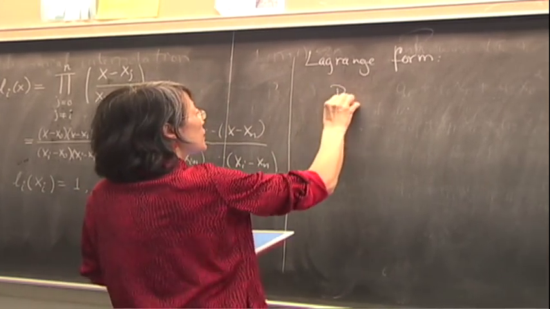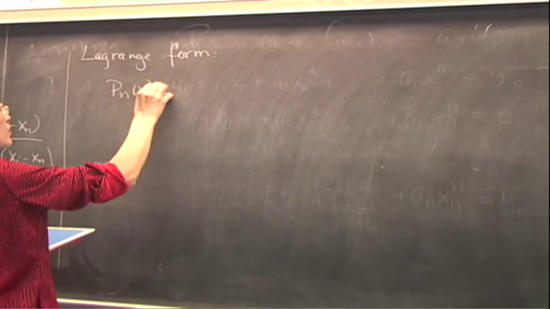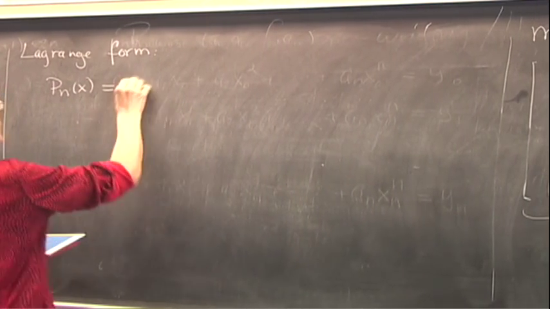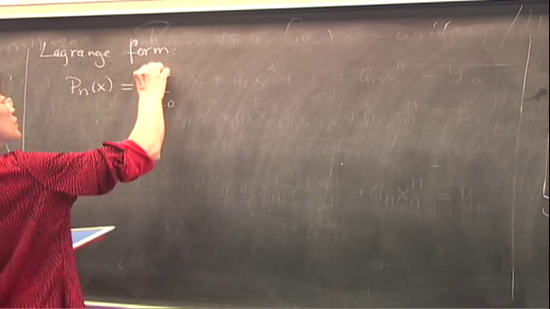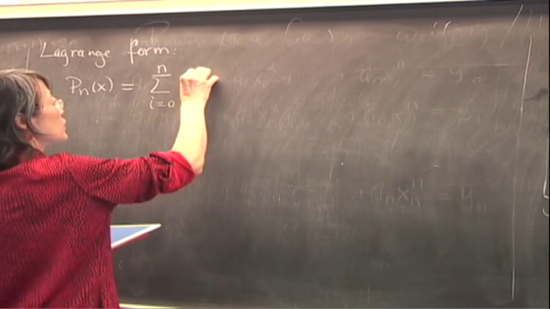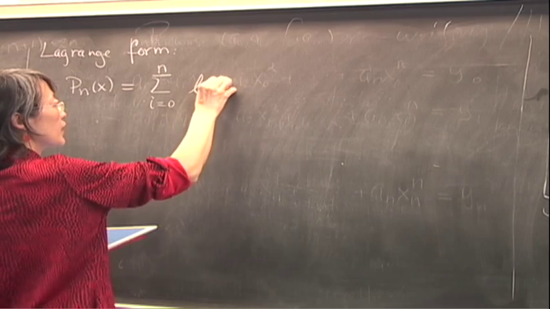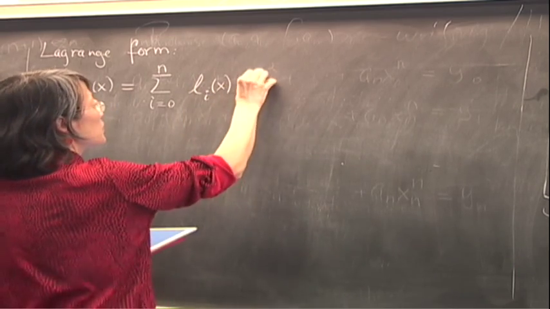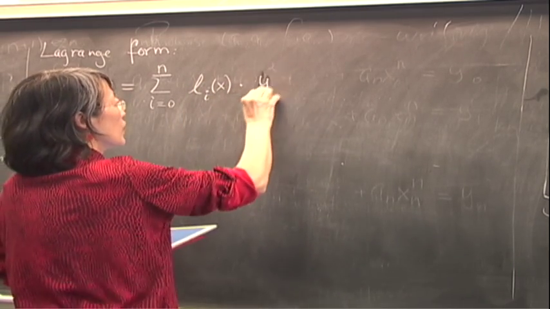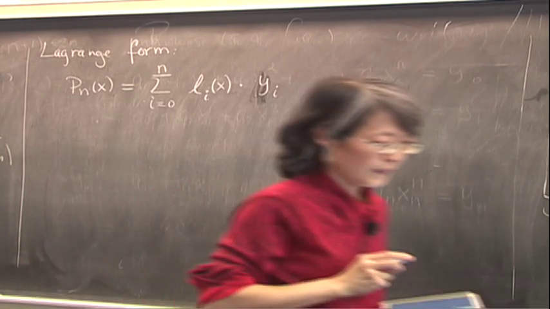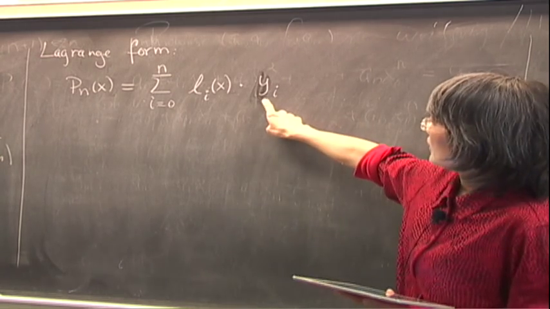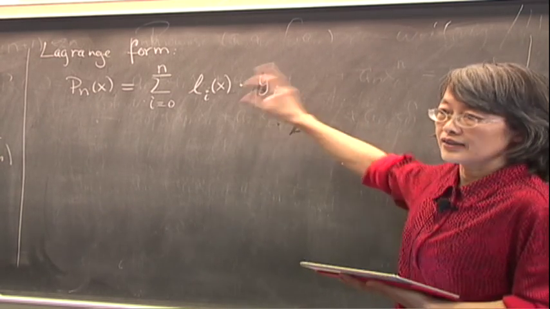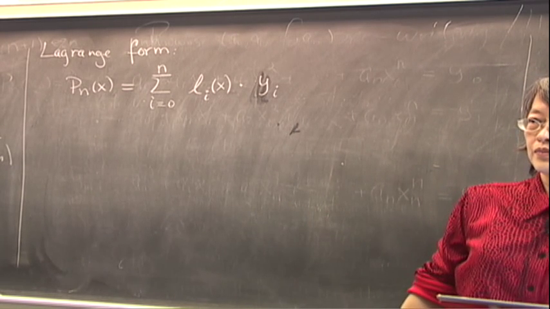So Pn of x will equal the summation i from 0 to n. I'll just take the cardinal function that I have there, and then I multiply with yi. So take each cardinal function and multiply it with the value, the data yi there, and then add them all up.